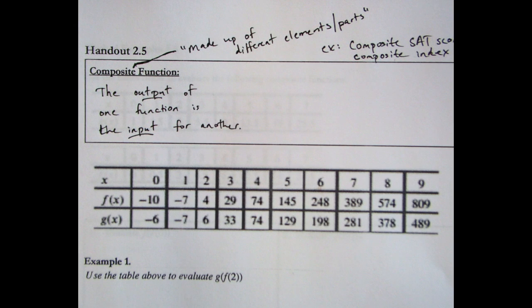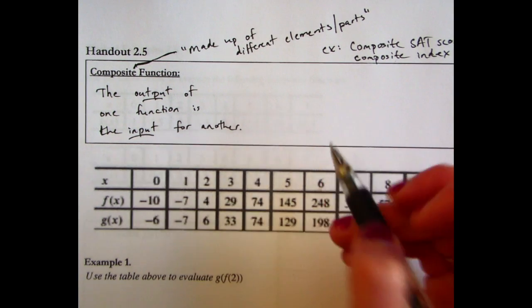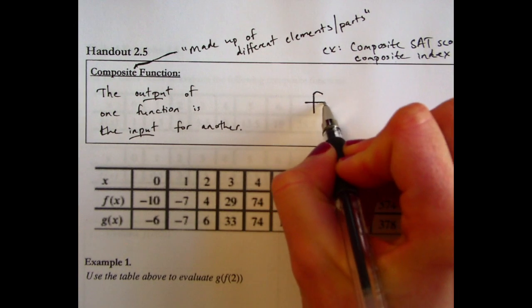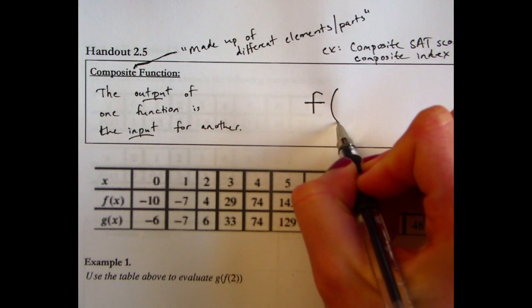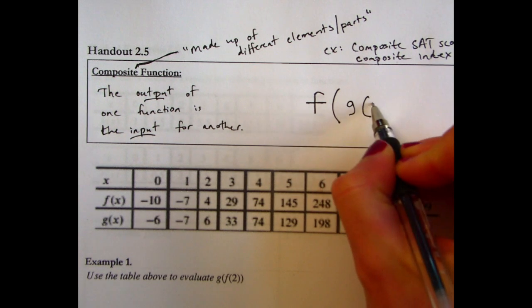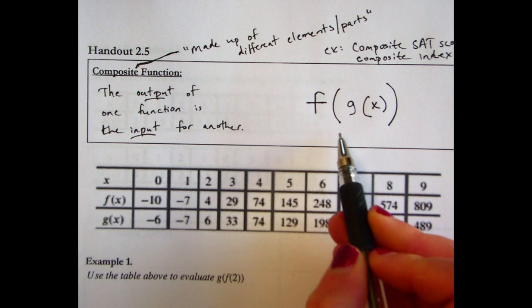So, the way that I think of it is, let's make a little diagram here. Most of the time, composite functions will be like f of g of x. The important thing to notice here is that there's two functions.